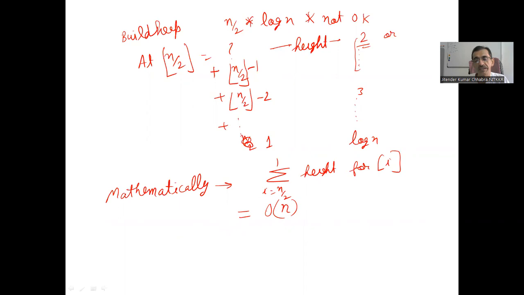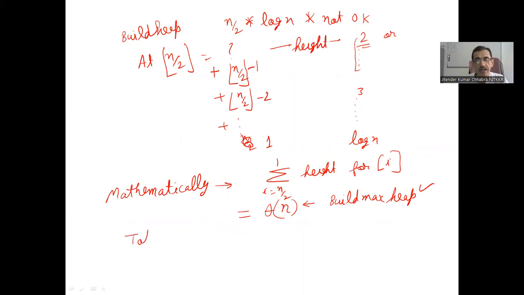So it is actually theta of n, nothing less. So build max heap actually does not take n log n. It can be completed in theta of n time. So you should know this.